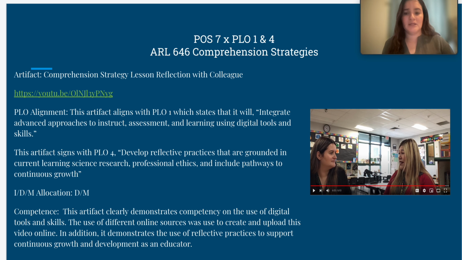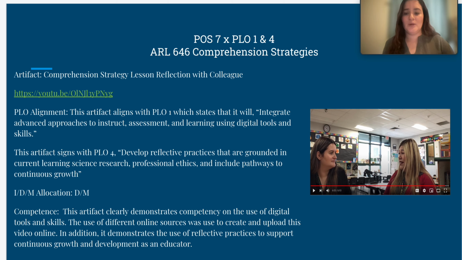Along with this artifact went PLO 1, which states that it integrates advanced approaches to instruct, assess, and learn using digital tools and skills. This artifact also aligned with PLO 4, which says to develop reflective practices that are grounded in current learning science research, professional ethics, and include pathways to continuous growth.